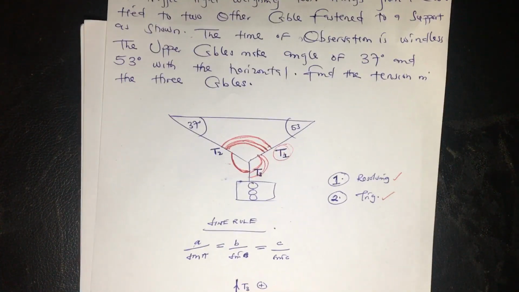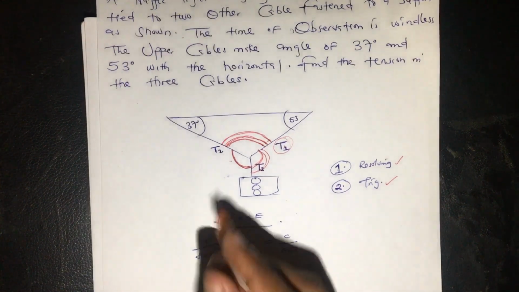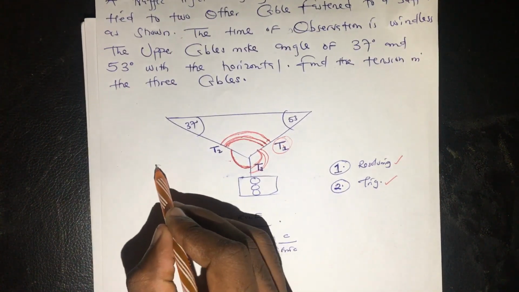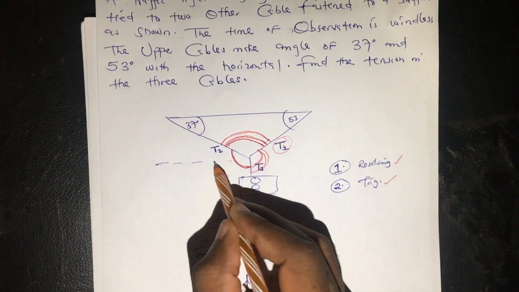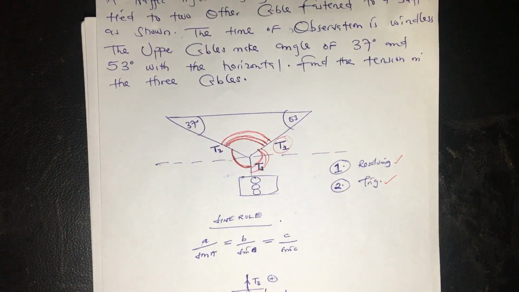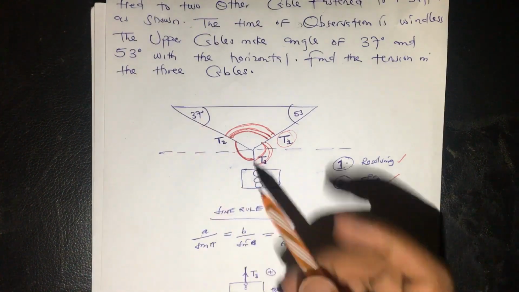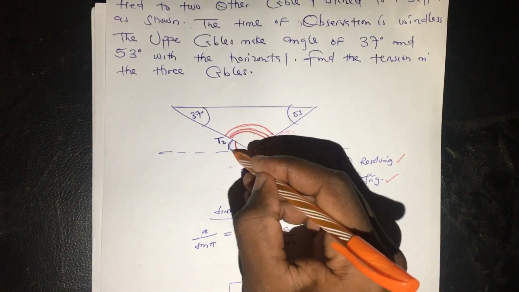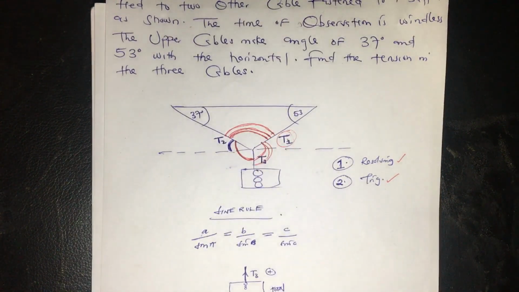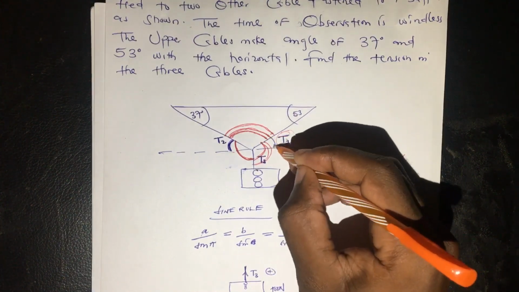Now we apply the math we learned in grade 12 primary. Here we try to cut a horizontal line. Then this angle is corresponding to this angle, and this angle is corresponding to this angle.